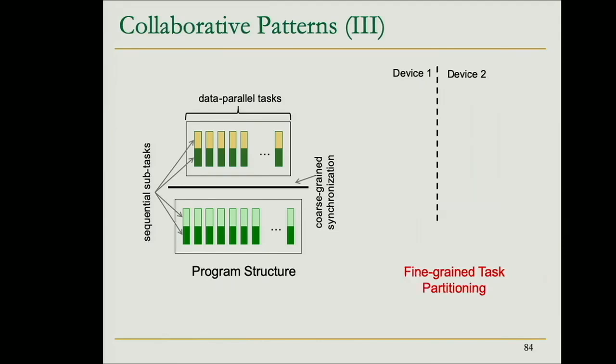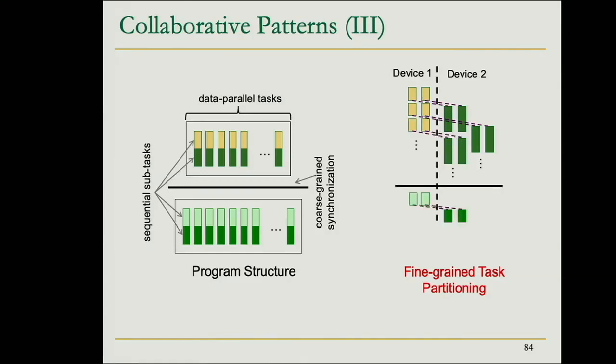But it could be even nicer if I do a fine-grained task partitioning, and this is really doable these days with all these new programming features. I directly assign those subtasks that are faster to the device where they are faster. So the yellow thing in device 1, the green thing in device 2, and then at some point I need to do a coarse-grained synchronization, and then the light green thing on the CPU, the dark green thing on the GPU, and so on.